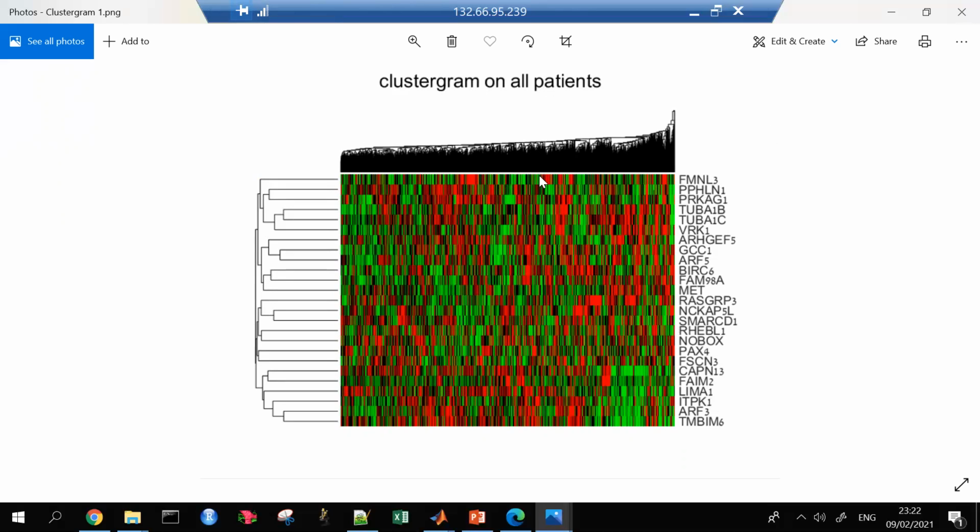For example, here you can see that TUBA1B and TUBA1C are clustered together, in terms of expression, yeah, the clustering is based on the expression. And if we look at MET, we see it is clustered with this group, with BIRC6 and FAM98A.